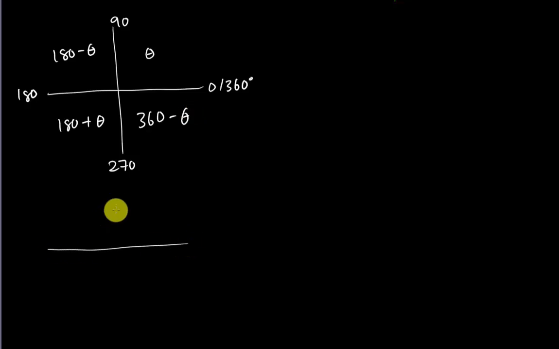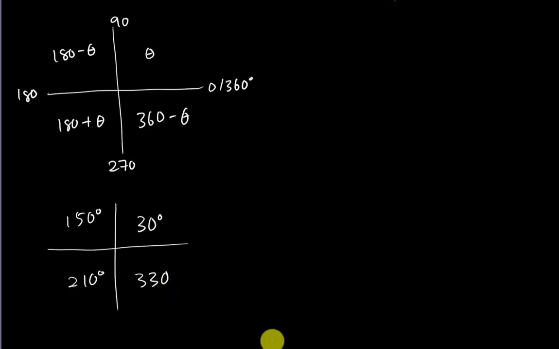Just like the case just now about 0.5. If the first one I call 30 degrees, the second quadrant will be 180 minus 30, which is 150. The third one will be 180 plus 30, which is 210. And the last one is 360 minus 30, which is 330.